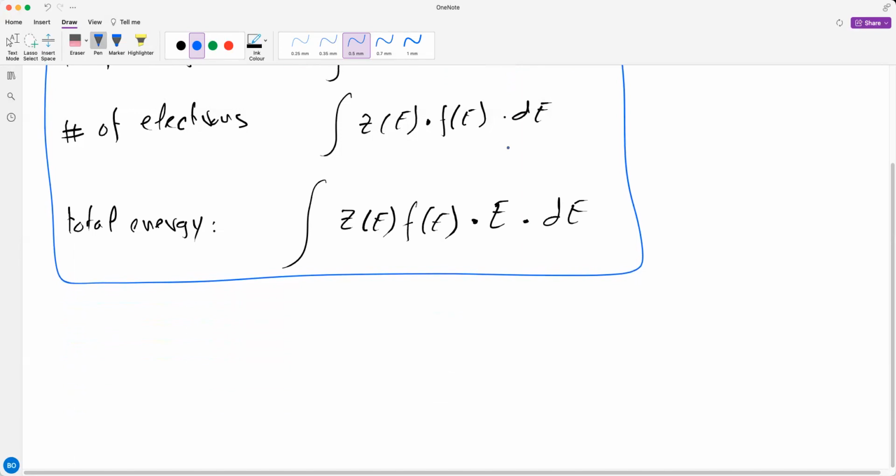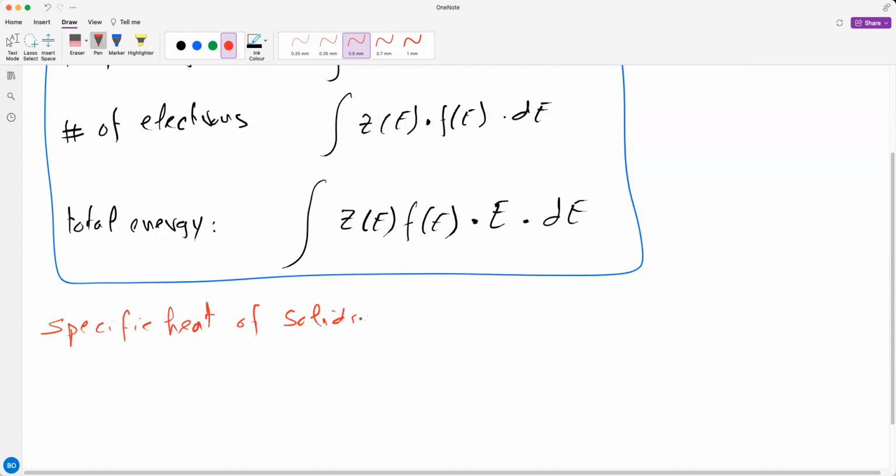So let's talk about specific heat of solids. When heat is applied to a metal, when we heat a metal, the free electrons absorb this heat.